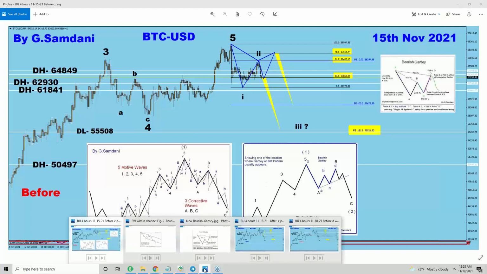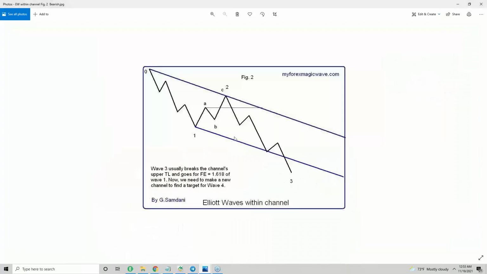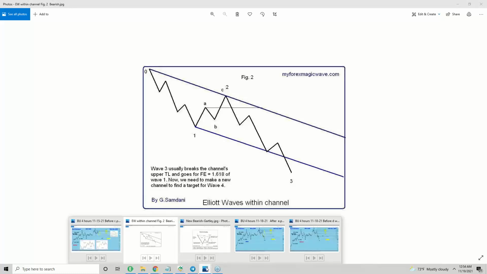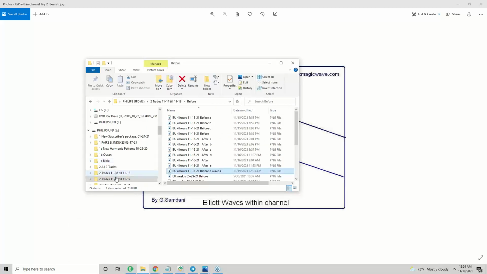In an Elliott wave chart like this one I have made, all of these charts are my own charts, made 10 or 12 years ago. This is wave 1, 2, and wave 3 usually goes to 1.618. That is the target, and then it goes up for wave 4. Let me see if I can open it real quick.